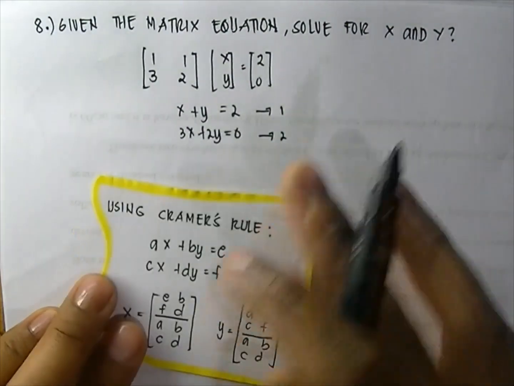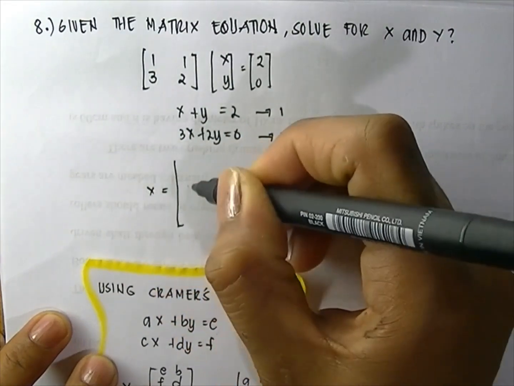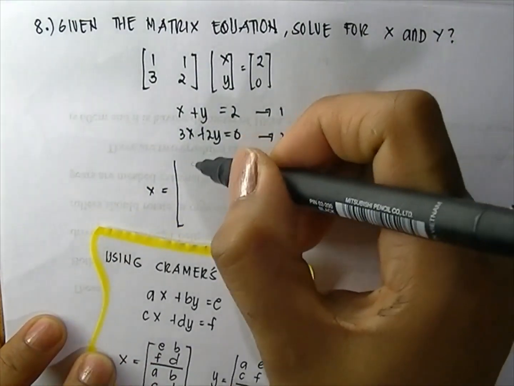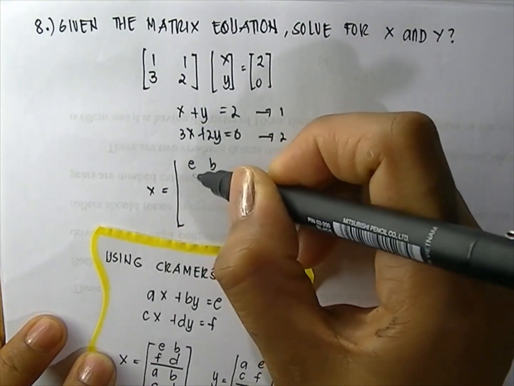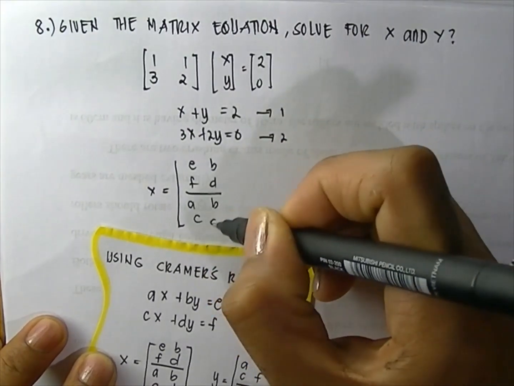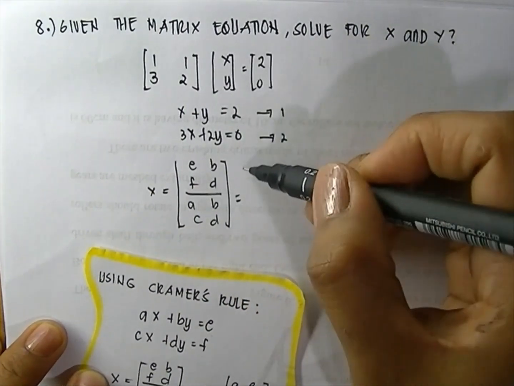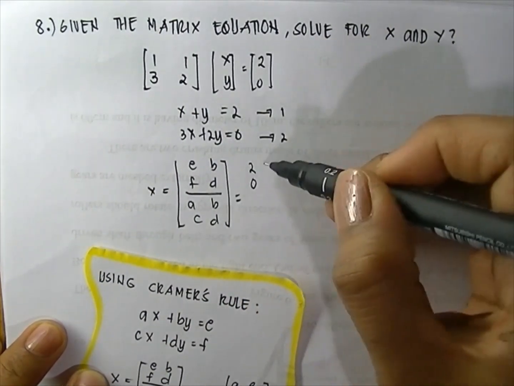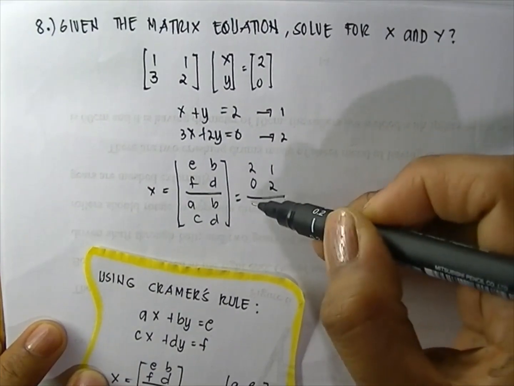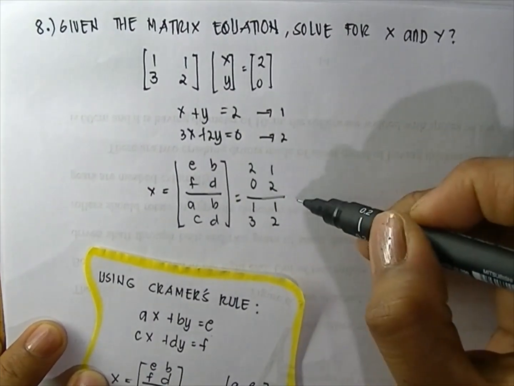So to solve for the value of x, we have EB minus FD over AB CD. Therefore, we have [2, 1; 0, 2] over [1, 1; 3, 2].